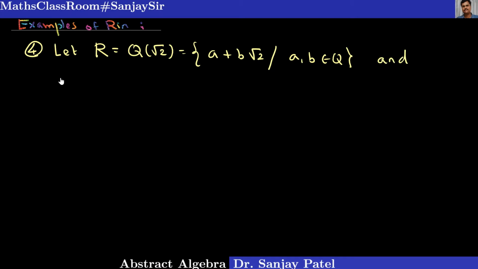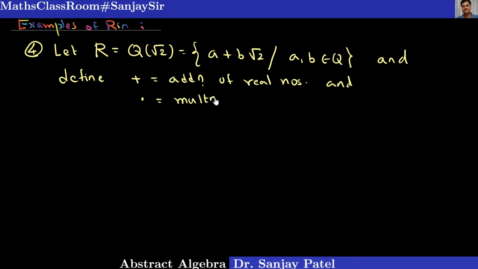Define two binary operations. Define plus as addition of real numbers, and dot, the second binary operation, as multiplication of real numbers.